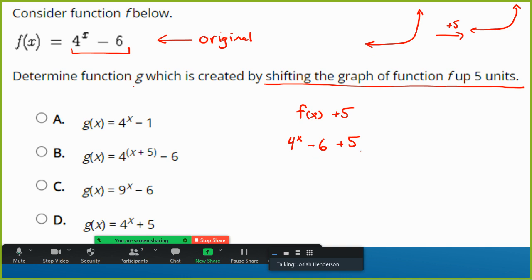Negative 6 plus 5 leaves us with negative 1, or minus 1. So function g, which is the transformation of function f, would be 4 to the x minus 1.